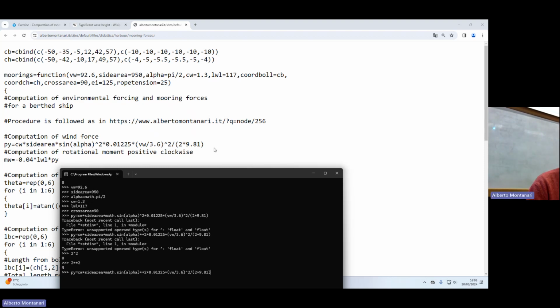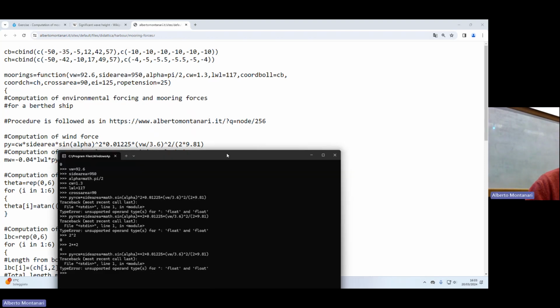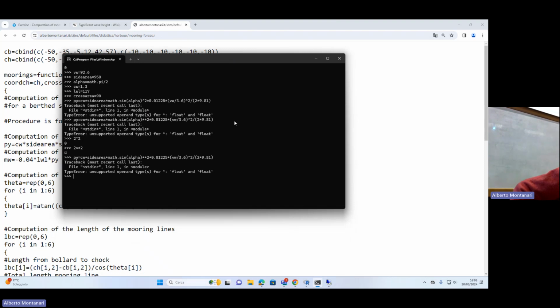Okay, should be the second one. This should work, but it still gives a mistake. Let me put it so you can see: unsupported operand types for power. Okay, let me try this. 2.0 maybe. No.